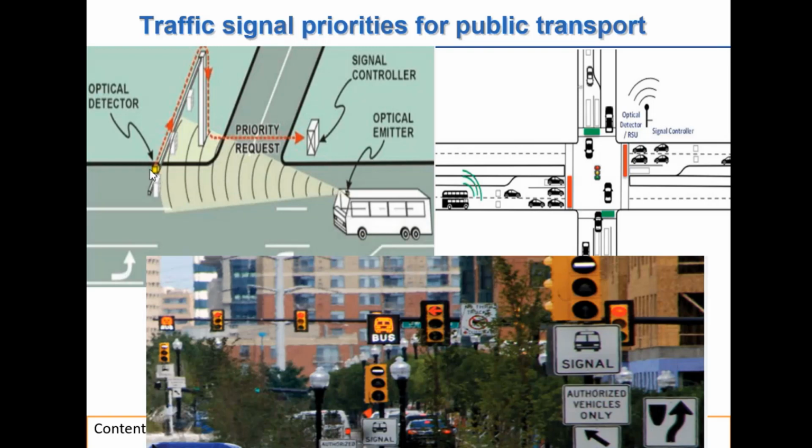The next topic, how we can increase the transit speed, is about traffic signal priorities. Here you can see that optical or mechanical detectors are installed at every crossing, which detect and pass the signal to the controller. The transit vehicle emits a signal, and the optical detector picks it up and sends a request to the controller: give me the priority so that I can move on.